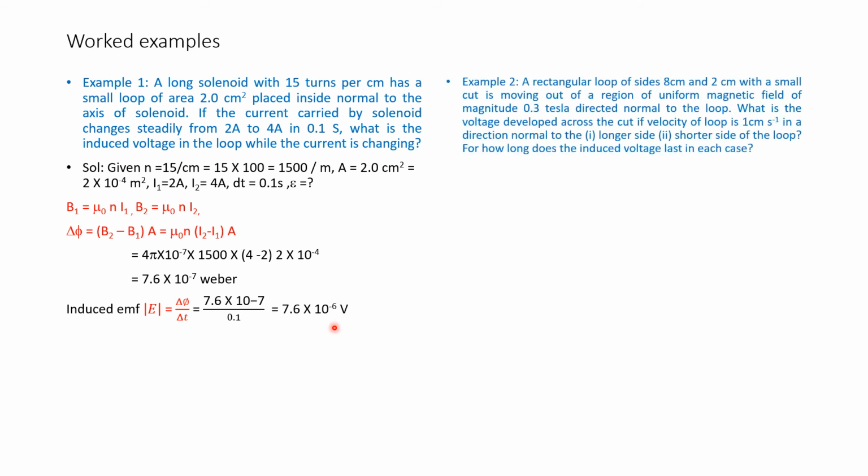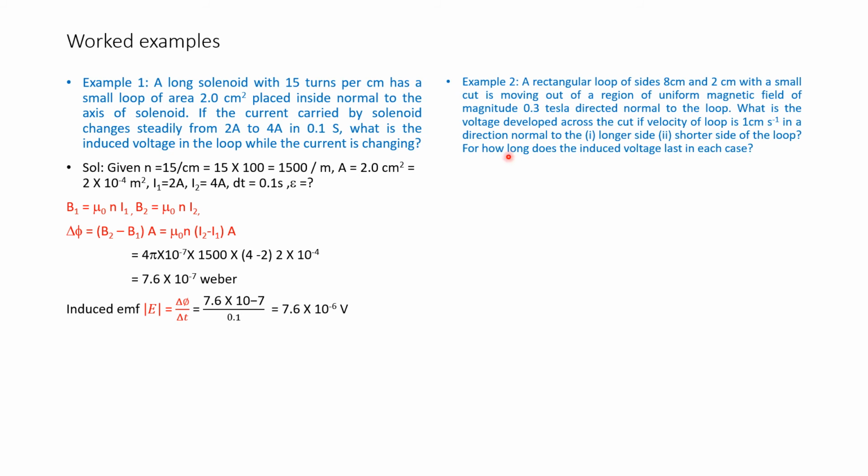Let us take up example number 2. A rectangular loop of sides 8 centimeters and 2 centimeters with a small cut is moving out of a region of uniform magnetic field of magnitude 0.3 Tesla, directed normal to the loop.